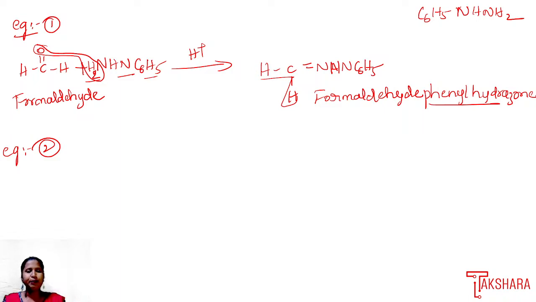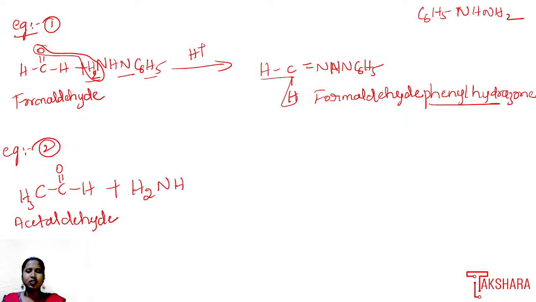Now example 2: if we consider acetaldehyde, what is it? CH3 C double bond O H, which is called acetaldehyde. We take acetaldehyde and react it with phenyl hydrazine, NH2 NH C6H5.